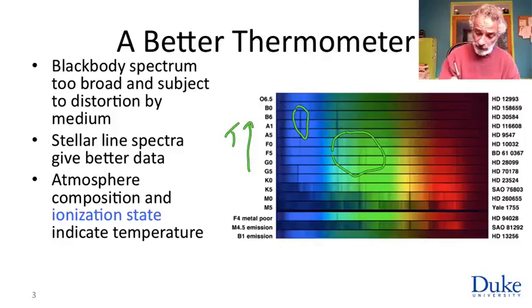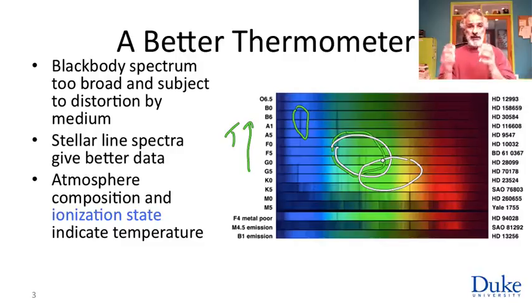You see these forests with many, many lines in them, and these are characteristic of more complex atoms. These are the spectral lines of ionized metals. In cooler stars yet, in the cooler Gs and the Ks, we find the spectrum of neutral metals. Now the temperature is cool enough that heavier atoms do not become ionized.